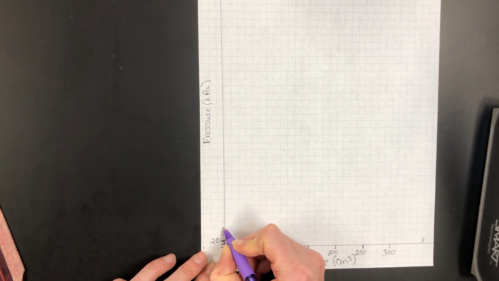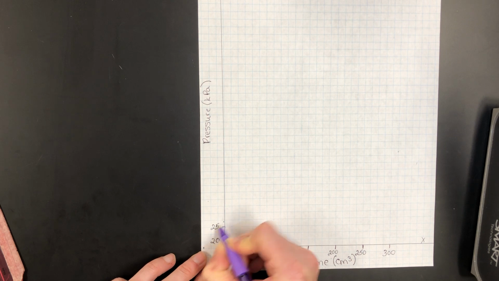So there's 20, and we're going to go every other line by 5.